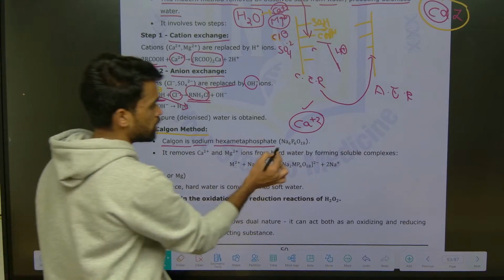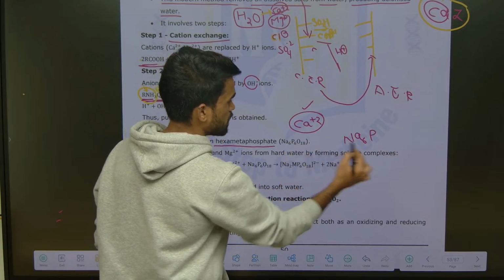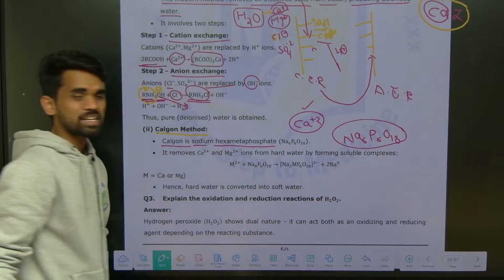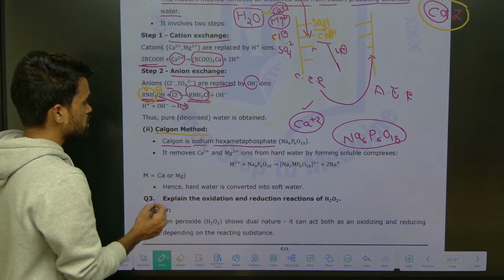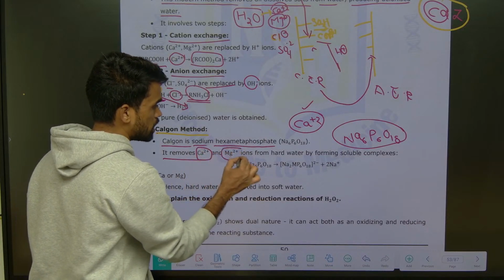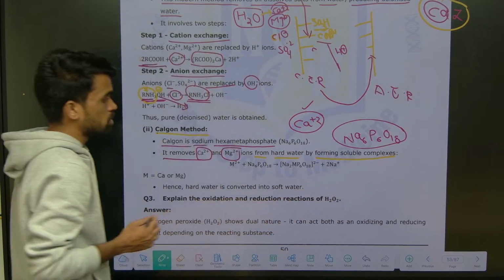Sodium, Na6 hexametaphosphate, P6O18. This complete combination is considered as Calgon. This Calgon removes cations like calcium ions and magnesium ions from hard water by forming soluble complexes. So what will it do?